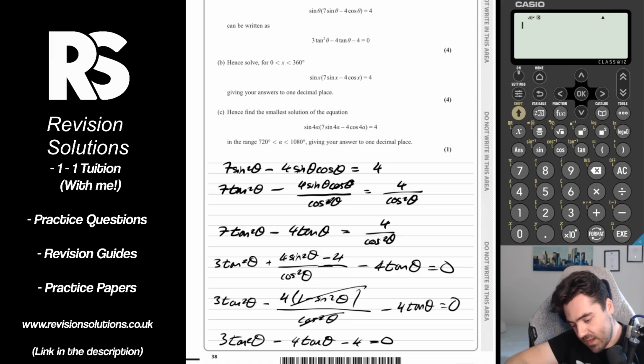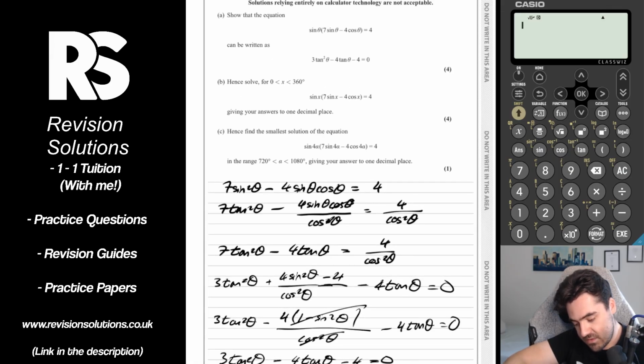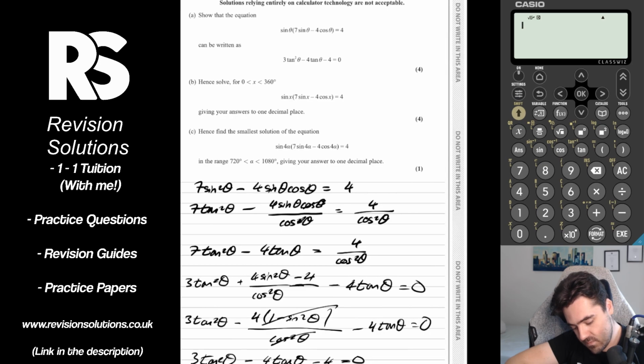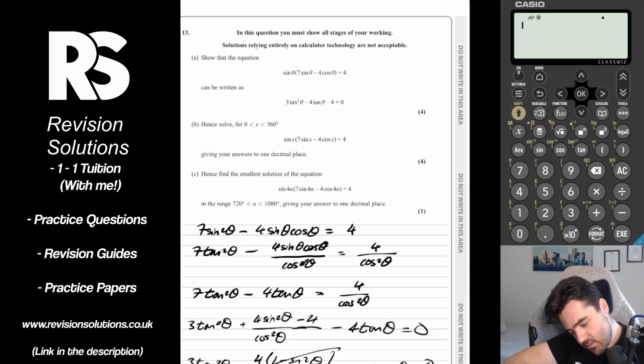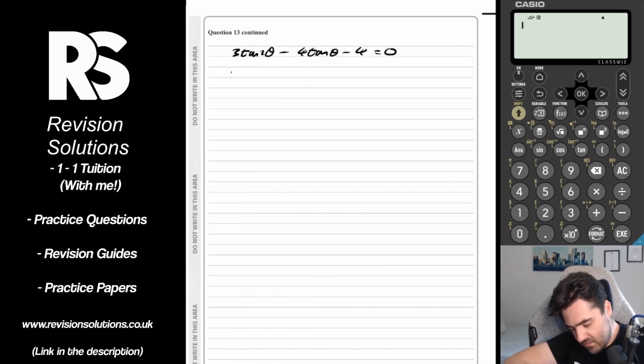Part B then says, well, can we actually just then solve this equation? So rather than solve that, we're going to solve the quadratic in tan. So we had 3 tan squared theta minus 4 tan theta minus 4 equals 0. So let's just check that's right. Yeah. So that's a quadratic in tan. If this helps some people, I'll do this. So if I set u to tan theta as a substitution, this becomes 3u squared minus 4u minus 4.